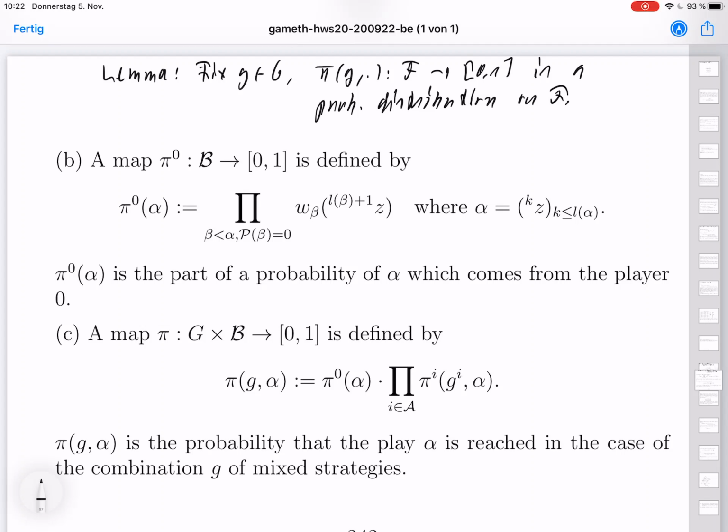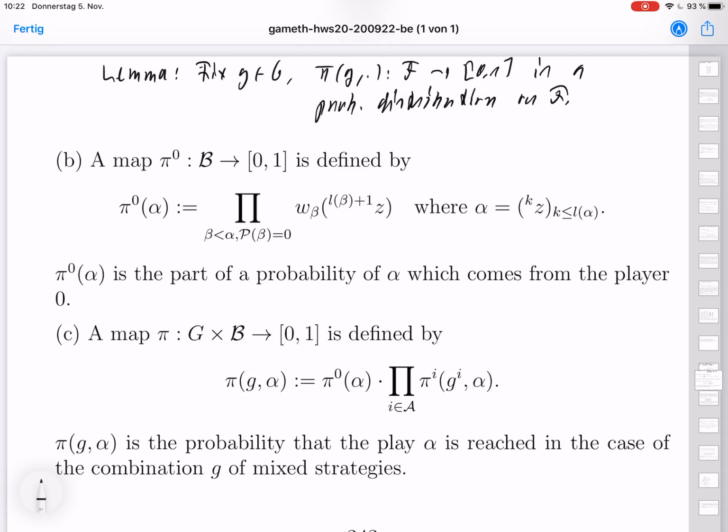But on the set of final plays, this gives us indeed a probability distribution over the final plays, because one of them is reached, but only one of them is reached. They exclude one another. Therefore, this must give a probability distribution.